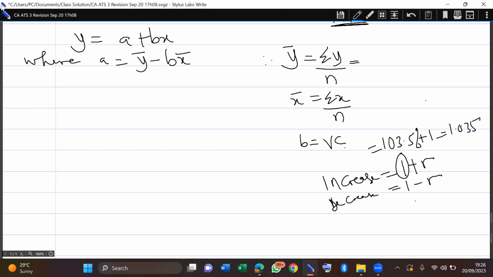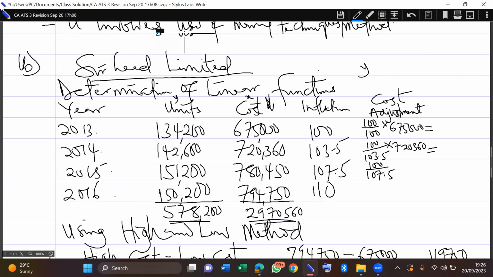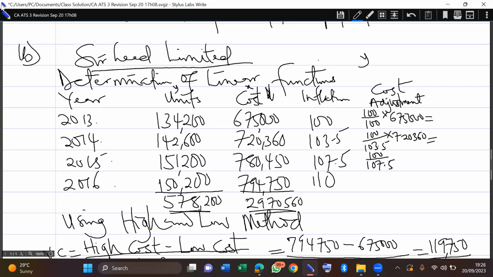So to remove the inflation back, we remove 0.35 from the 100. That is why we are having our division in this manner.